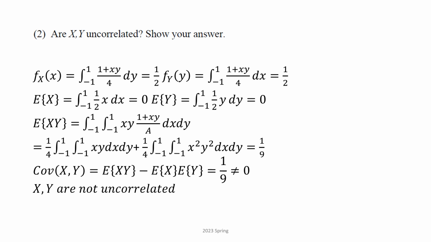So we see that the covariance of X and Y equals 1/9, and it's not 0. So X and Y are not uncorrelated.